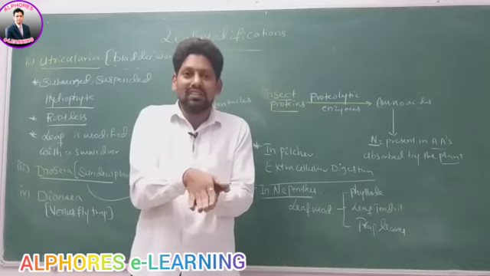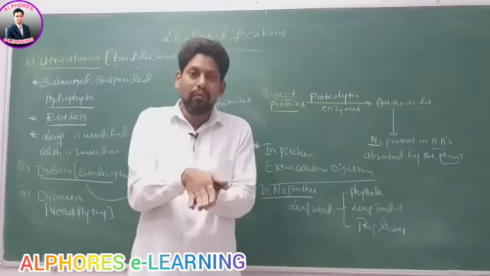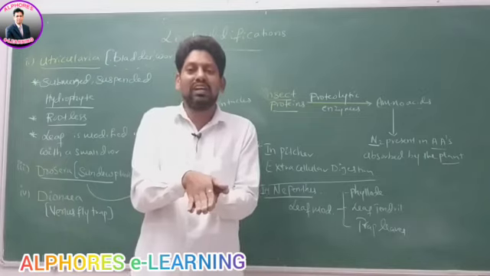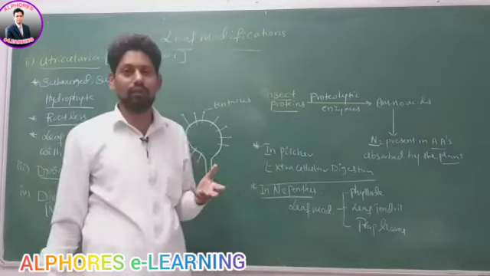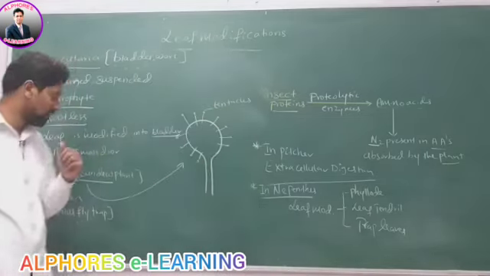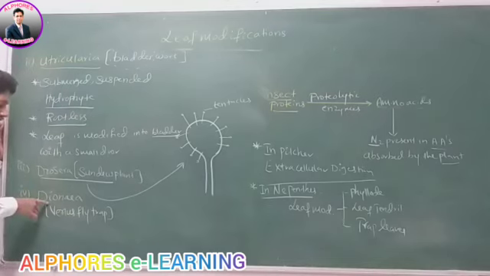So the insect proteins get digested by the digestive enzymes secreted by digestive glands. The remaining process is the same. In Dionaea, the lamina is bilobed. Is it clear?